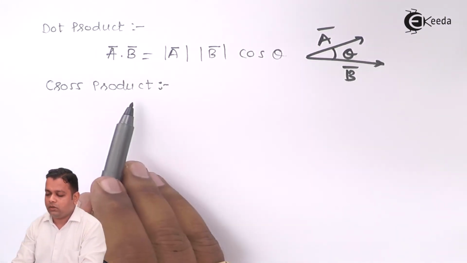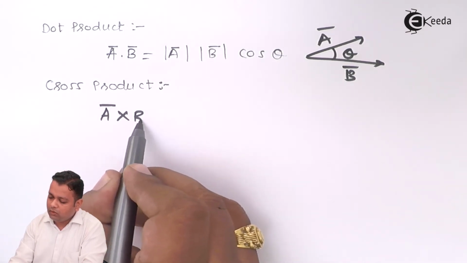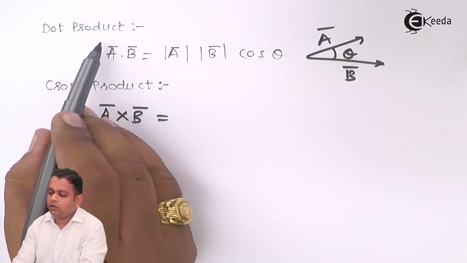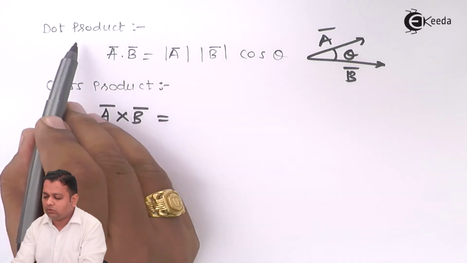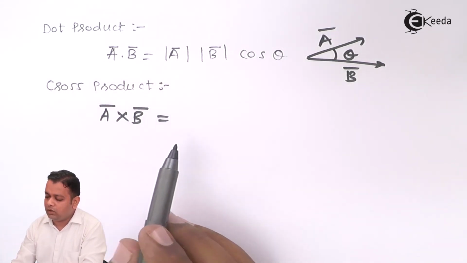Now the cross product. The cross product is represented as a bar cross b bar. The outcome is a vector. For the dot product, the outcome has only magnitude, that is scalar, hence it is also called a scalar product, whereas for the cross product the outcome is a vector.